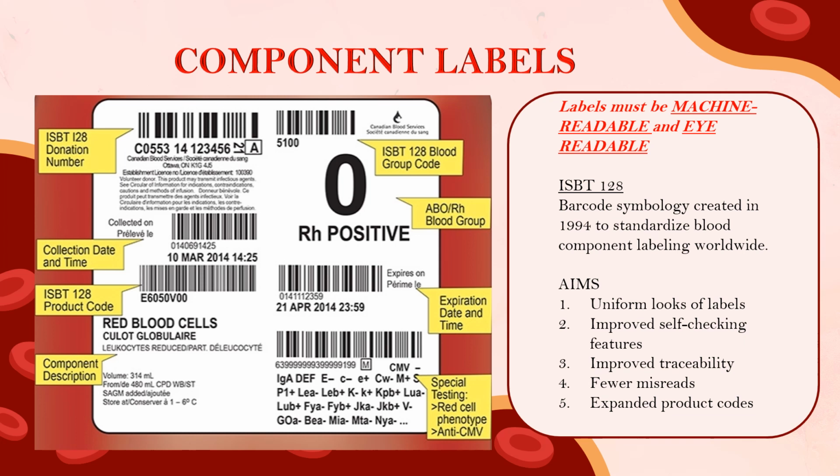And ISBT 128 is a barcode symbology that was established way back in 1994 to standardize blood component labeling worldwide. It aims to have a uniform look of component blood bag unit labels, improved self-checking features, improved traceability and fewer misreads, and an expanded product host.